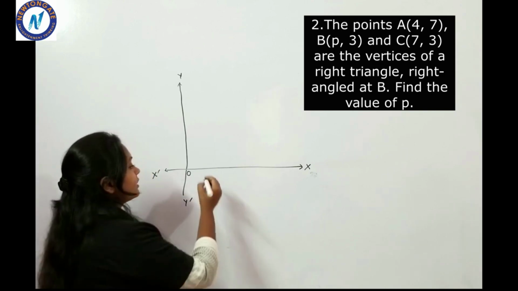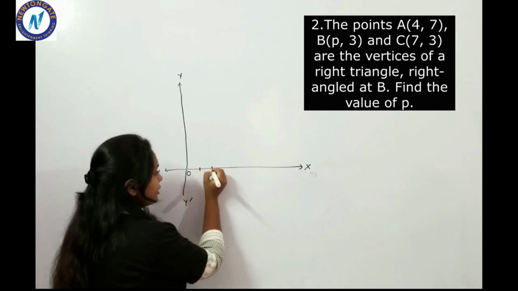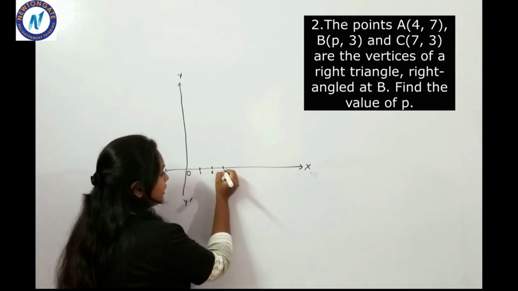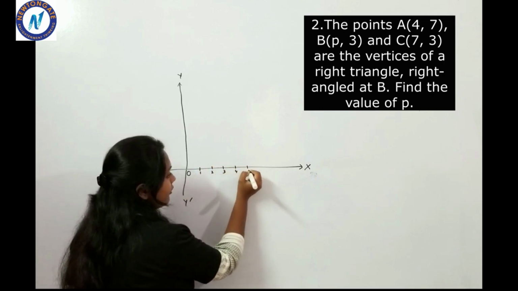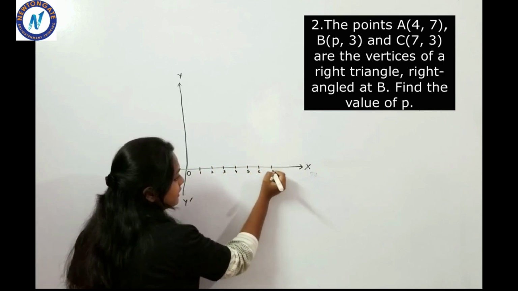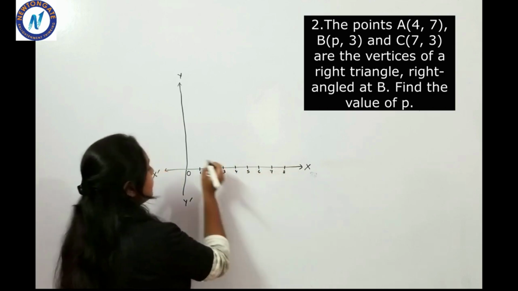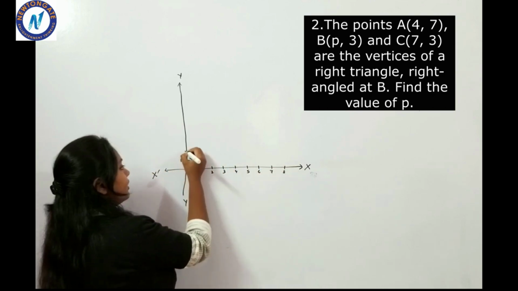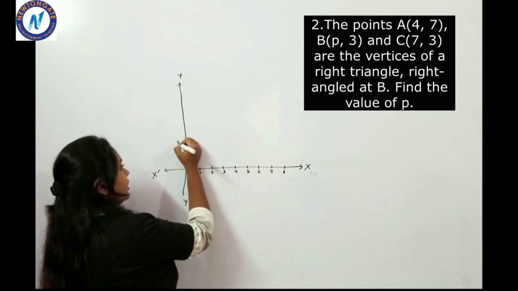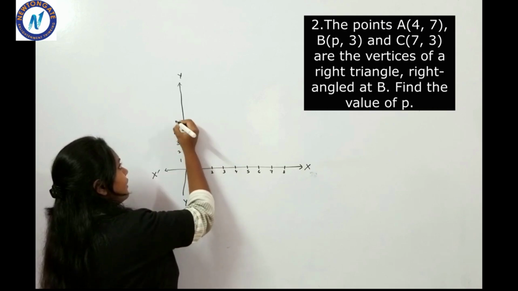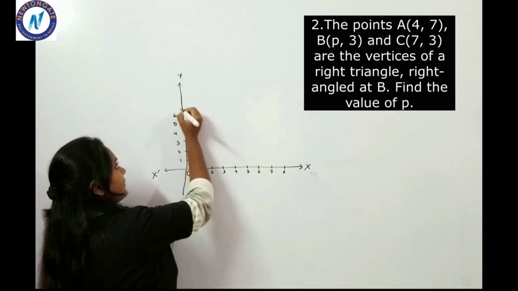At first we will mark the number line as 1, 2, 3, 4, 5, 6, 7, 8. Also mark here 1, 2, 3, 4, 5, 6, 7.